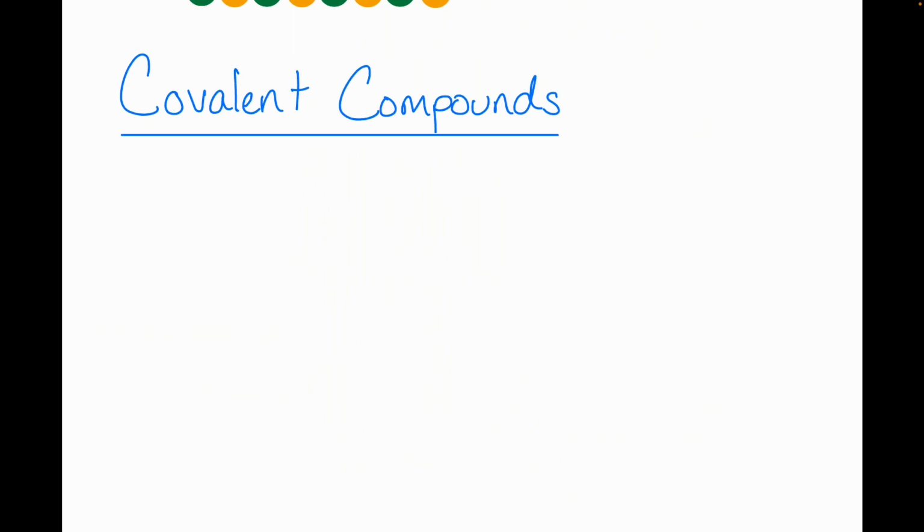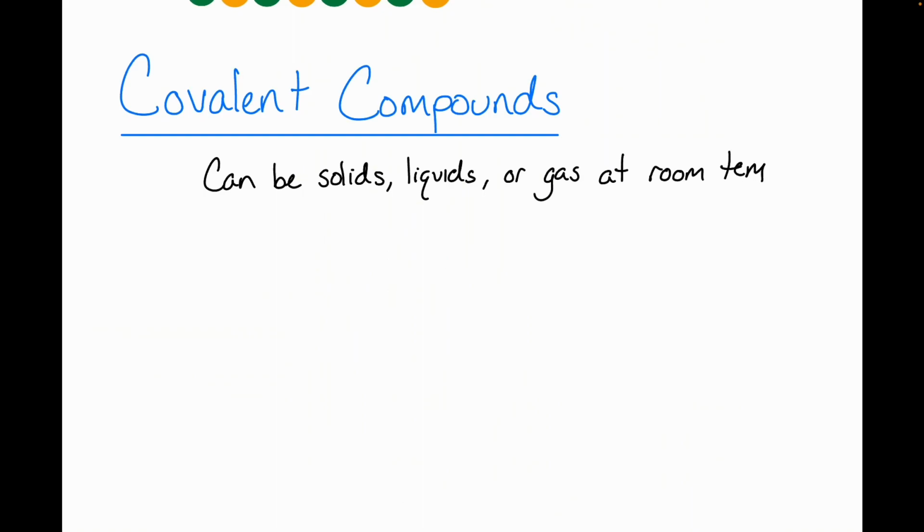First of all, covalent compounds are a little bit more interesting because they can be solids, liquids, or gas at room temperature. So unlike ionic compounds, which are just always solids, covalent compounds can be any state of matter. You don't know just by the fact that it's a covalent compound what it is.